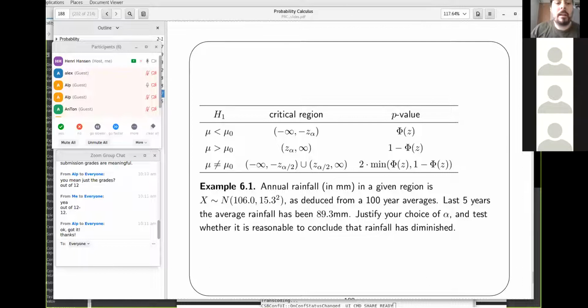On the other hand, if it's simply that they are different, then the critical region is both of these. If it's in one of these regions, then we conclude it's different, and we choose whichever of these is smaller. So if it fell here, then it's 1 minus z. If it fell here, it's z that we are using.